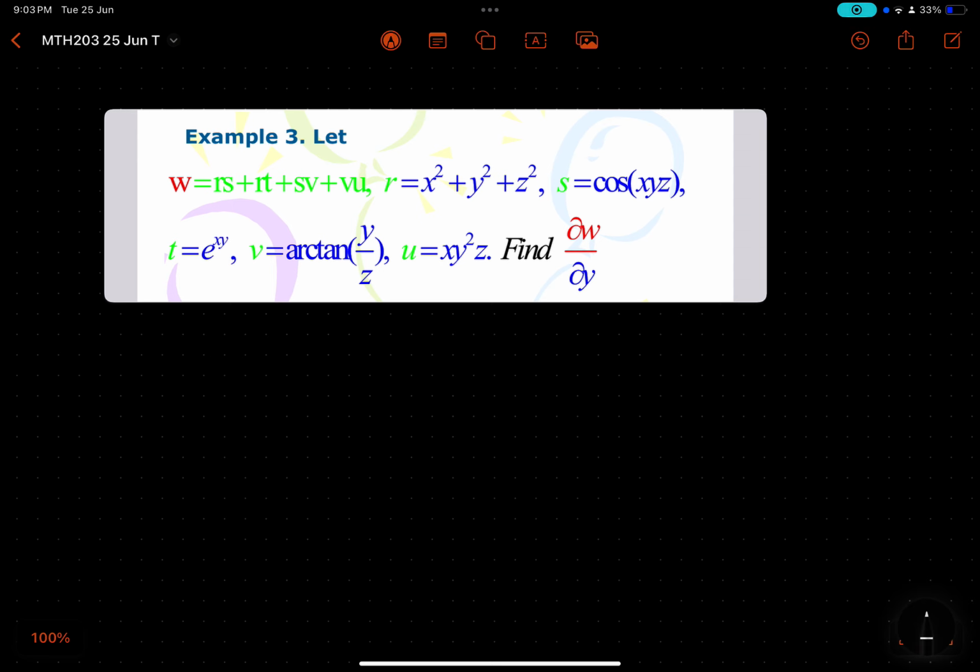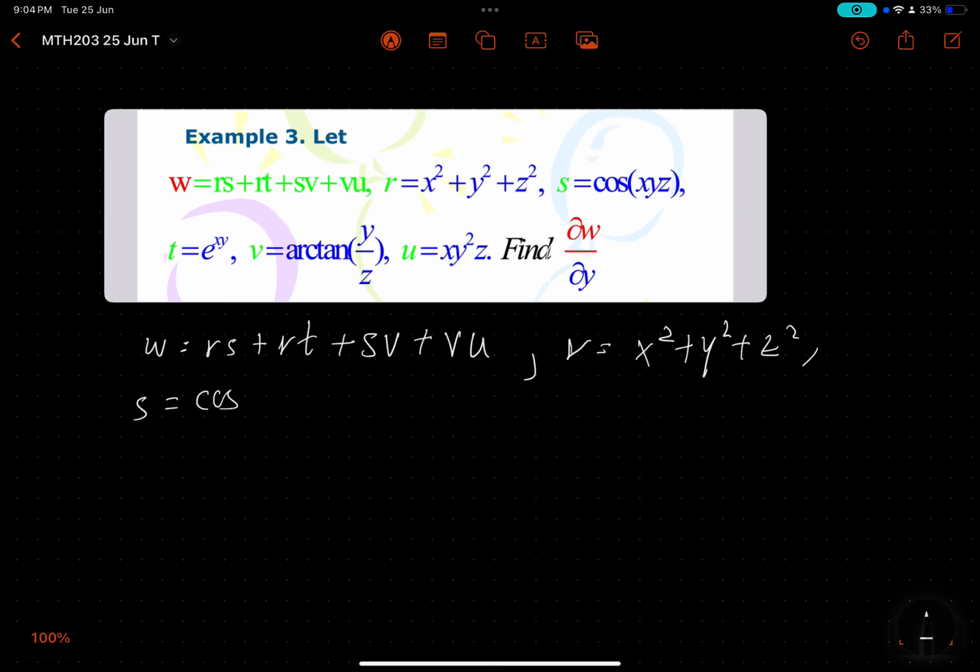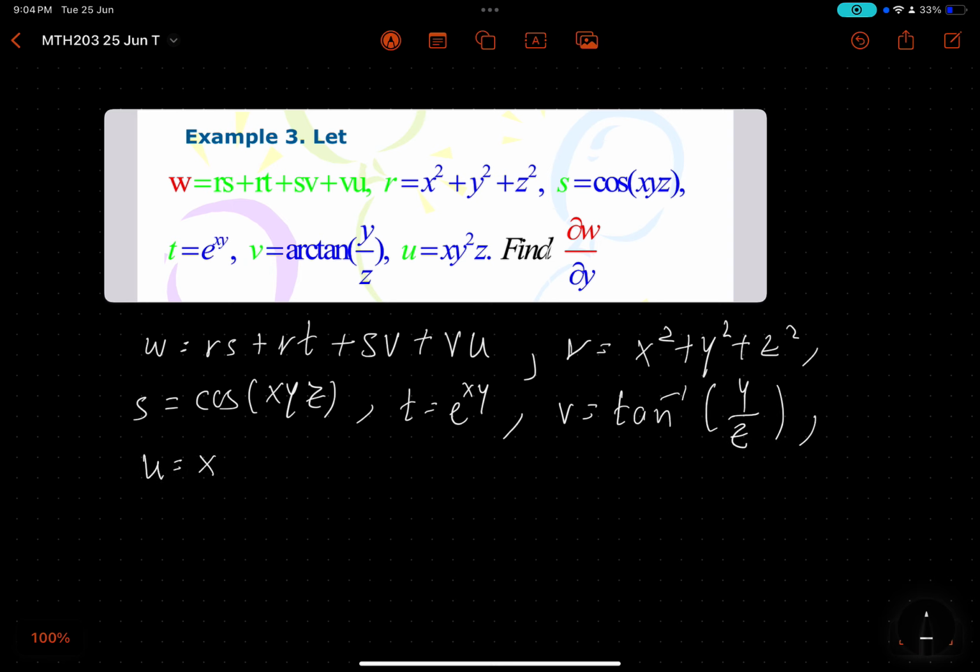Okay, now back. So our function is w. Let's rewrite that, so you can see it better. r equals x squared plus y squared plus z squared, and s is cosine xyz, and then t equals e to the xy, and then v is basically tan inverse of y over z, and we have also u, y squared.